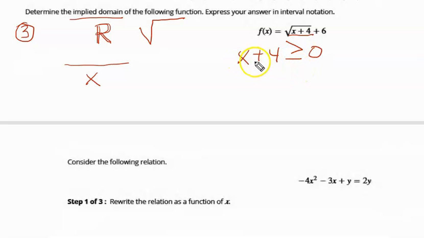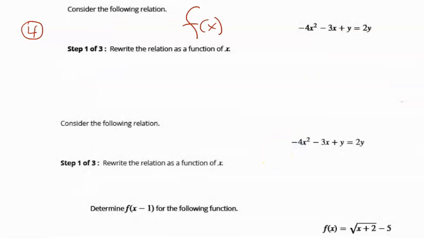So we just solve now for x, and we get x is greater than or equal to -4. Putting that in interval notation for its domain, it would be -4, included in the set, going on to positive infinity.